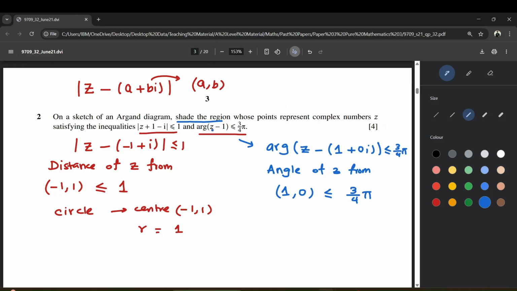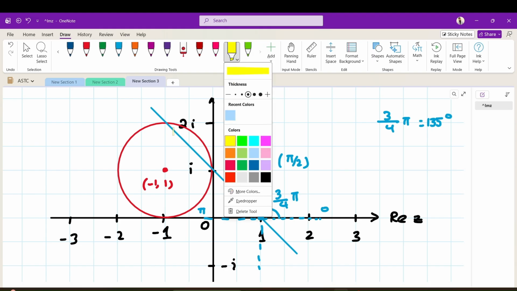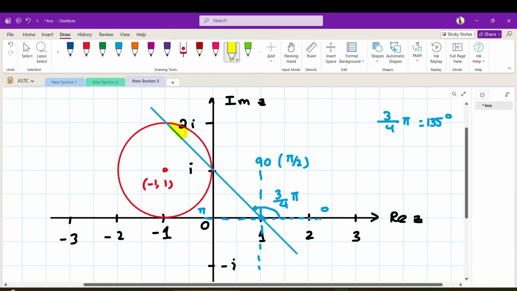Then it says the angle of z. What is z? That is the required complex number. The angle of z from (1, 0) should be less than or equal to 3 over 4 pi. If you see, from the beginning of the axis until the line, that is 3 over 4 pi. But what we are interested in is that the angle should be less than or equal to. So the required region is going to be this part over here.